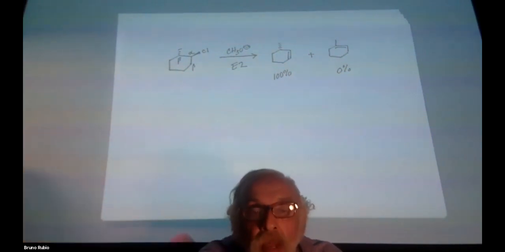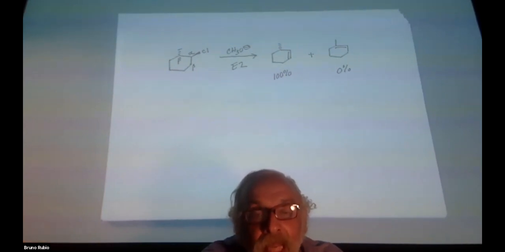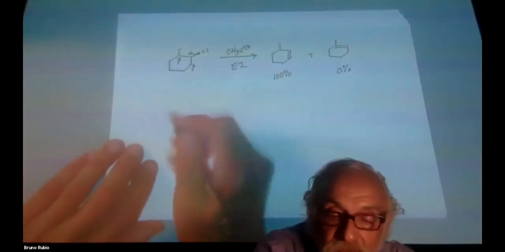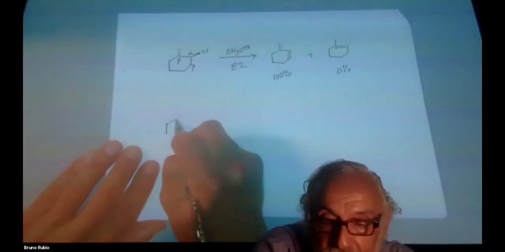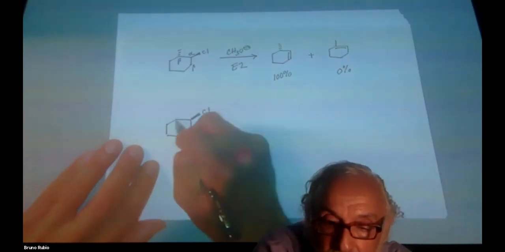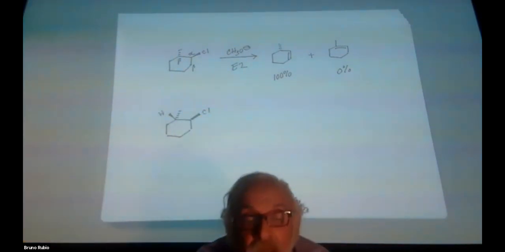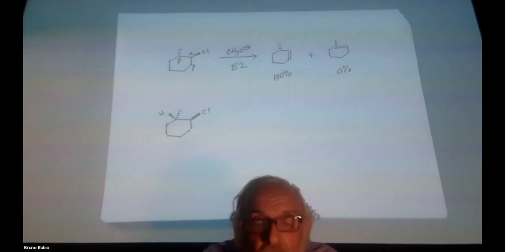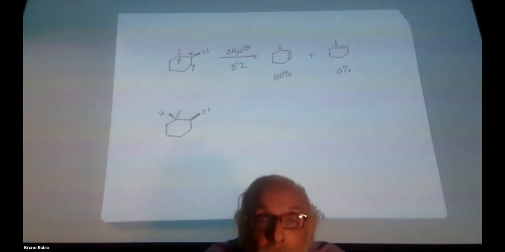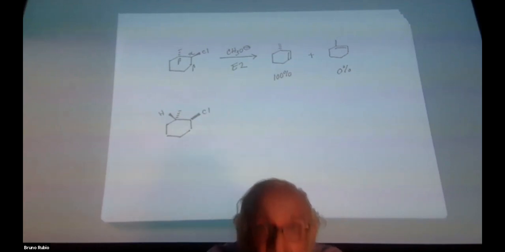Because we always have to remember that when we're dealing with the E2 elimination, the beta proton and the leaving group must be anti. So if I rewrite this molecule, giving you all kinds of detail, I would end up with something that looks like that. The Cl is up. The H on the beta proton is up.